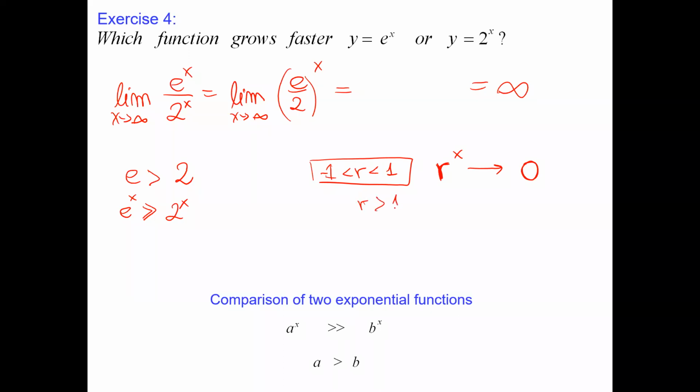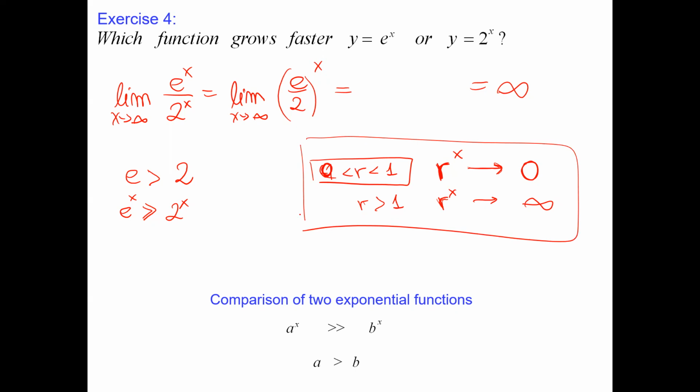But if r is greater than 1, that limit will go to positive infinity. Let's assume we have a positive number; we will not involve negatives. If r is a proper fraction less than 1, the limit will go to 0. But if the base of this exponential is greater than 1, and that's the case, e over 2 is greater than 1, and then taking it to the power of x, of course, this will be infinity.